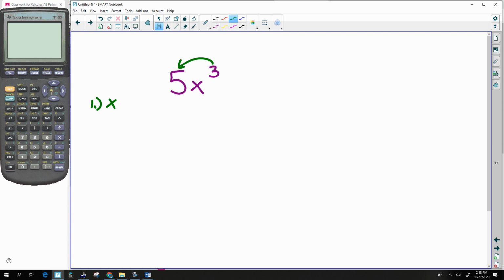You multiply that exponent and create, in this case, the 15. And then the second thing you do is subtract. You subtract 1, bringing that down to create the 2. So the first thing we did was multiply, and the second thing we did was subtract by 1.